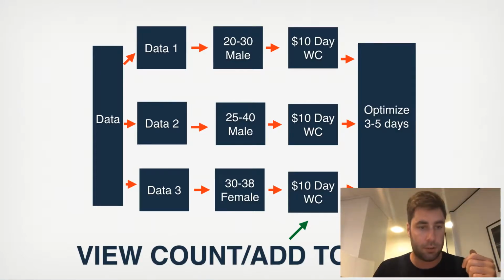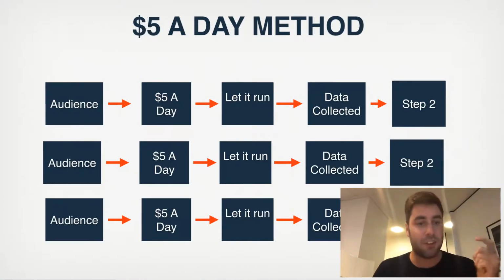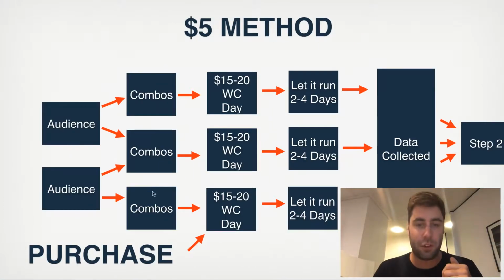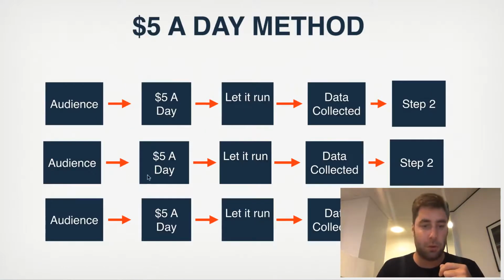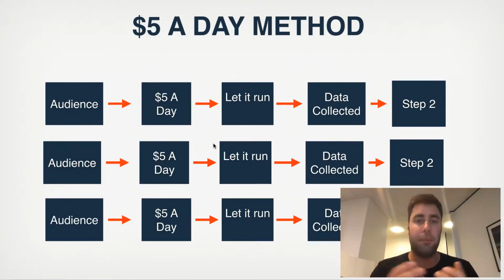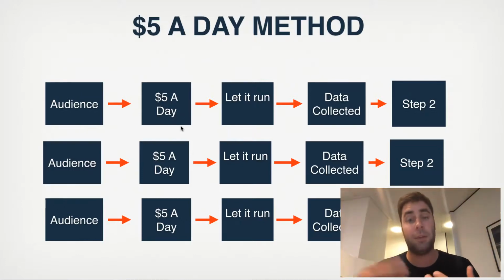This brings us back to our original methods of the combos, where I do multiple combos and multiple interests, if that's what you want to call it. Well, that's what I do. I do the exact same with the $5 a day method. So really, it actually turns into a $15 a day method or $20 a day, depending on how many you're doing. But people don't see that.